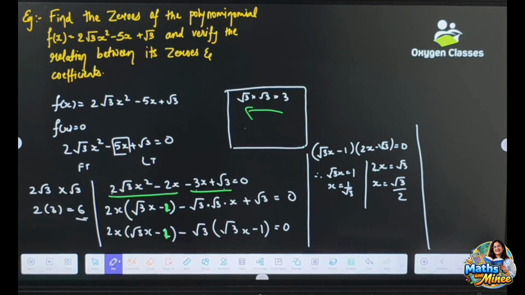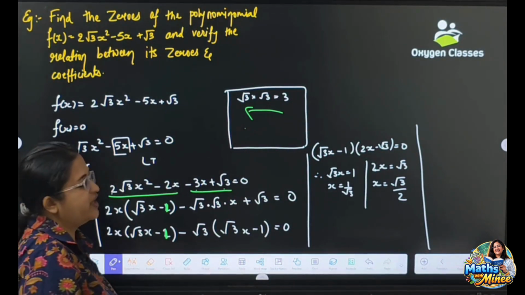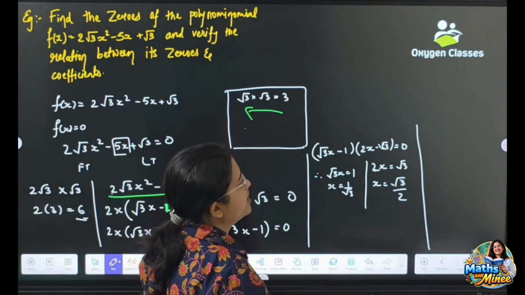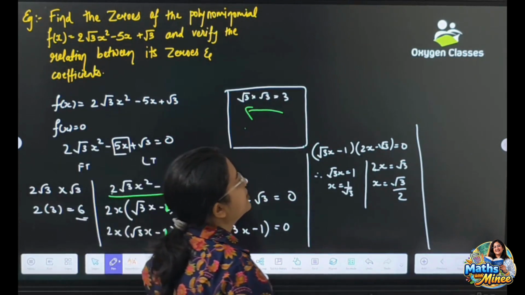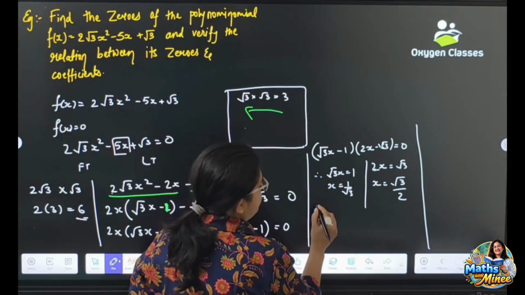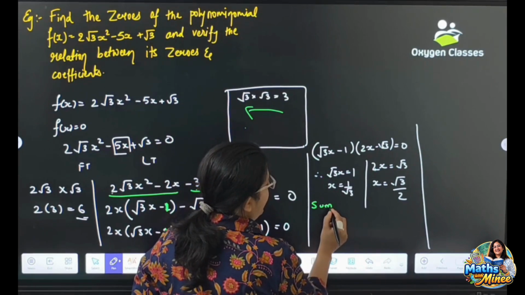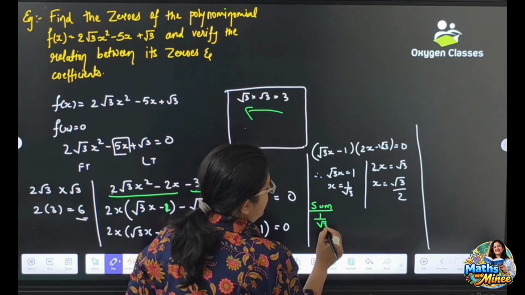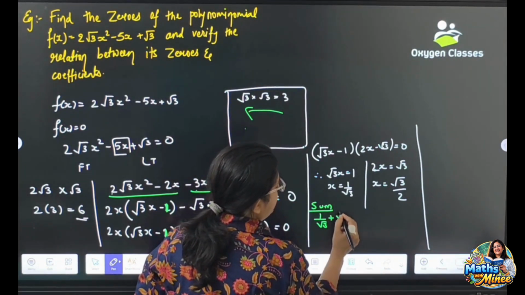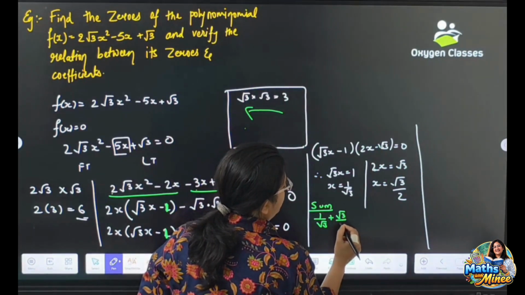Okay, we have to verify the results. So verification means we can go with the summation and the product. तो अगर यहाँ पे suppose if you are doing the addition, 1 upon root 3 plus root 3 upon 2.